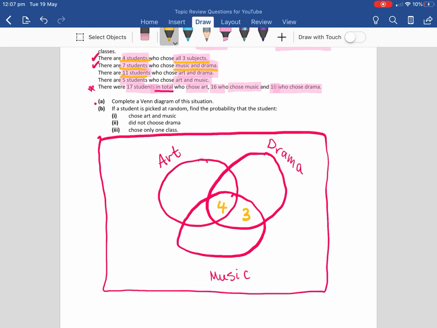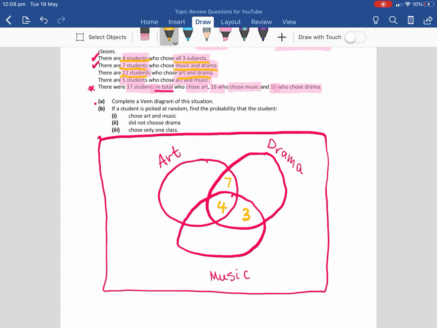There are 11 students who chose art and drama. So same as before, 11 chose art and drama. We've already accounted for the 4 in the middle. So we need to do 11 minus 4, which would be 7. Okay, so there's 7 there.